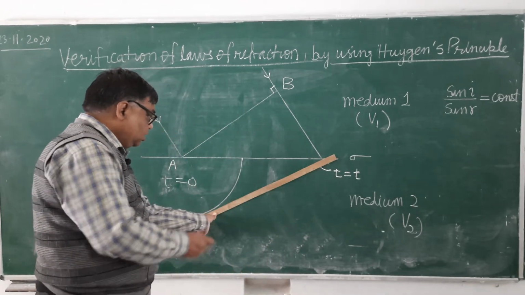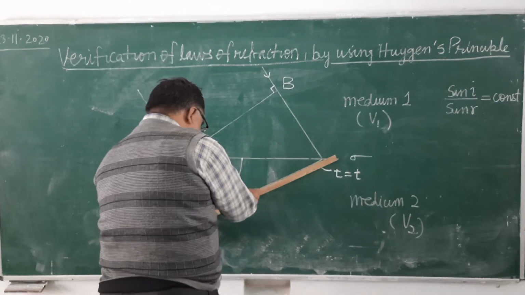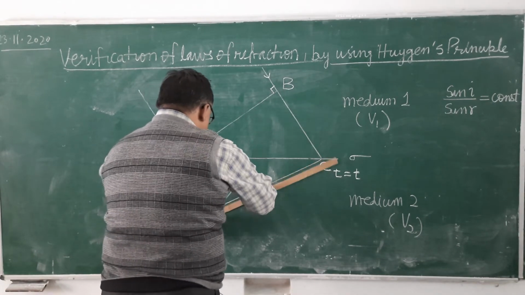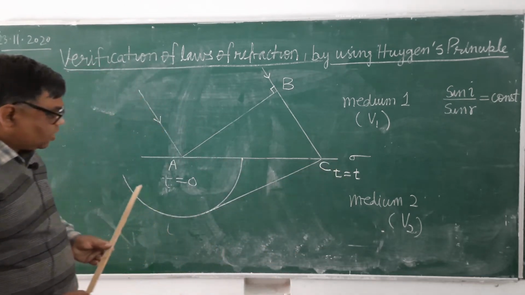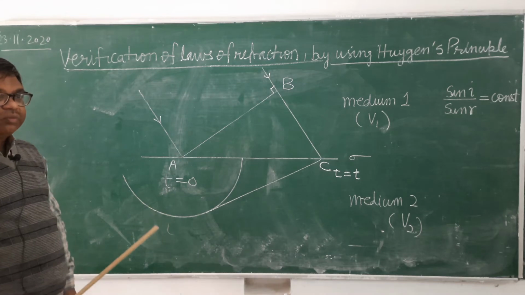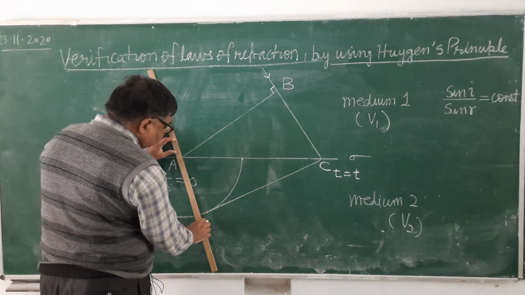Here this is the tangent. Here we call it tangent plane because this is a 3-dimensional diagram. Here I am making it 2-dimensional; on the board it is 2-dimensional.